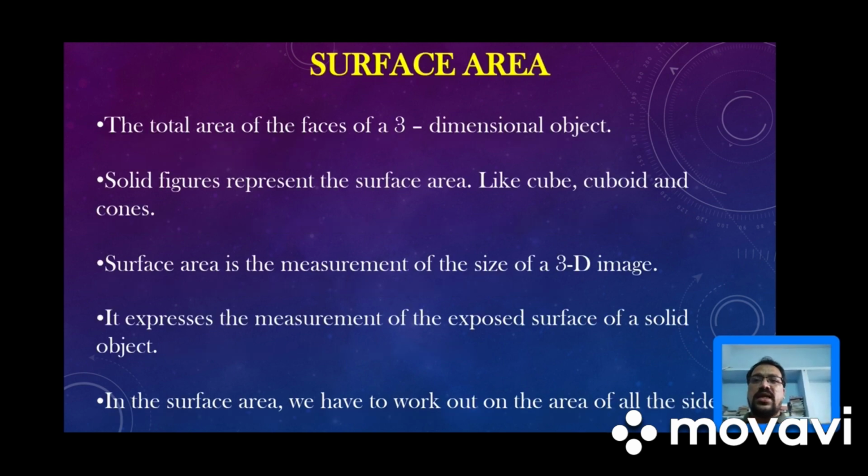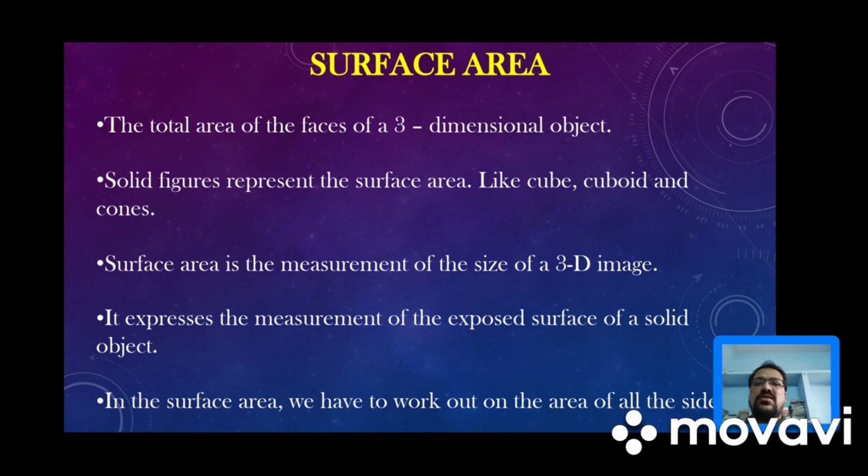Surface area is the total area of the faces of a three-dimensional object. Yes, the total area of the faces of a three-dimensional object. Solid figures represent surface area, like cube, cuboid and cone, etc. Surface area is a measurement of the size of a 3D image.